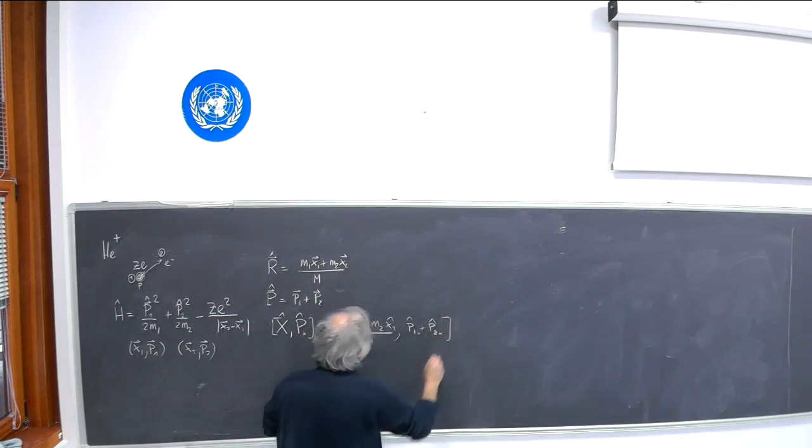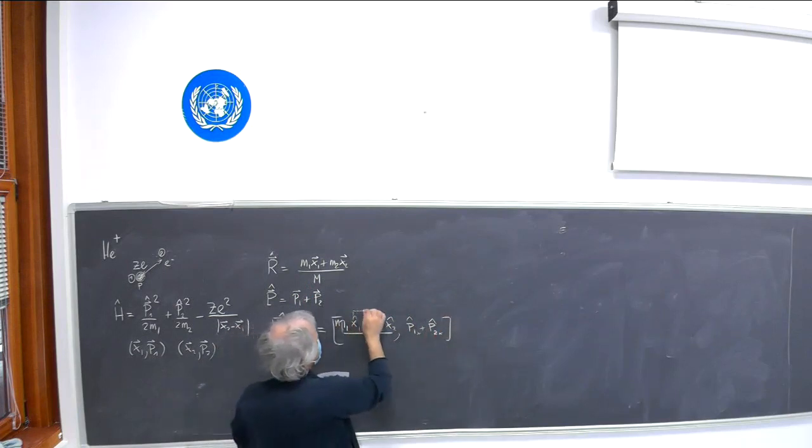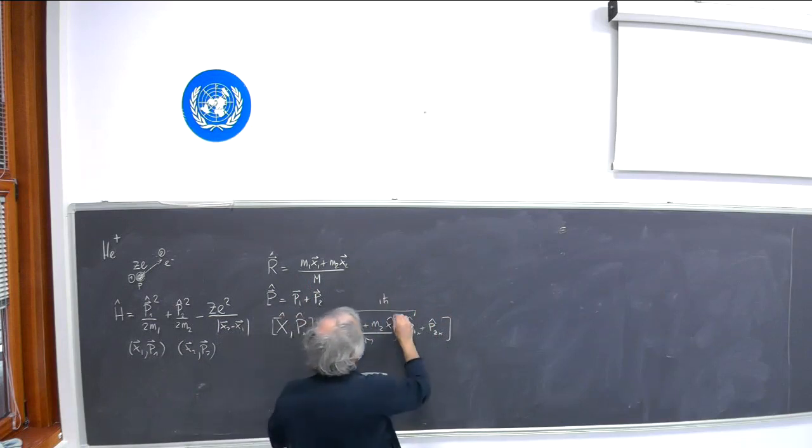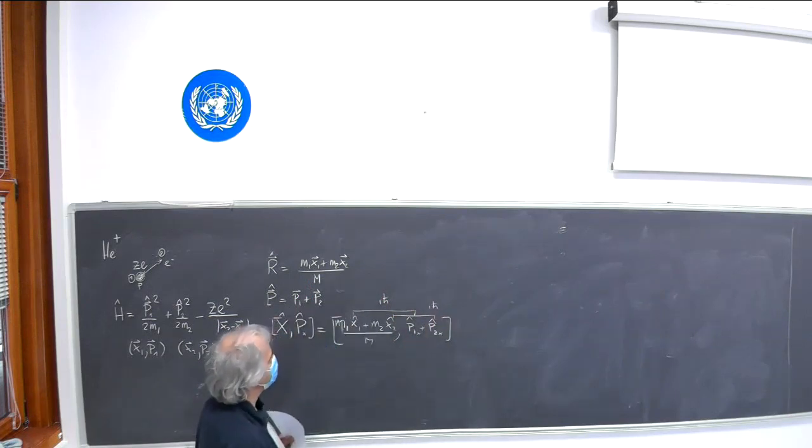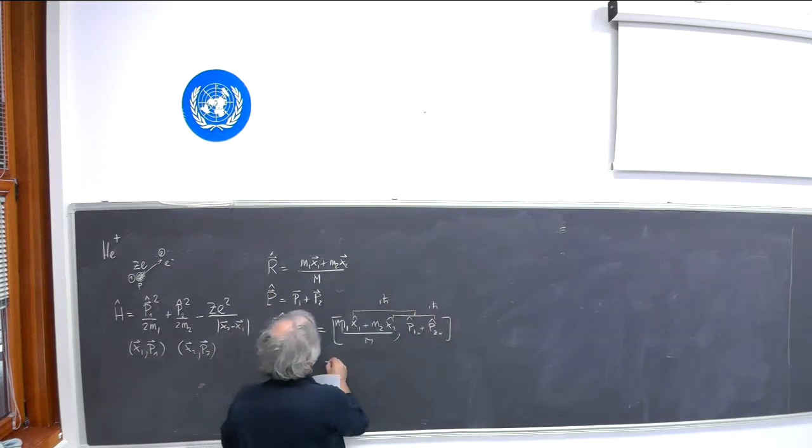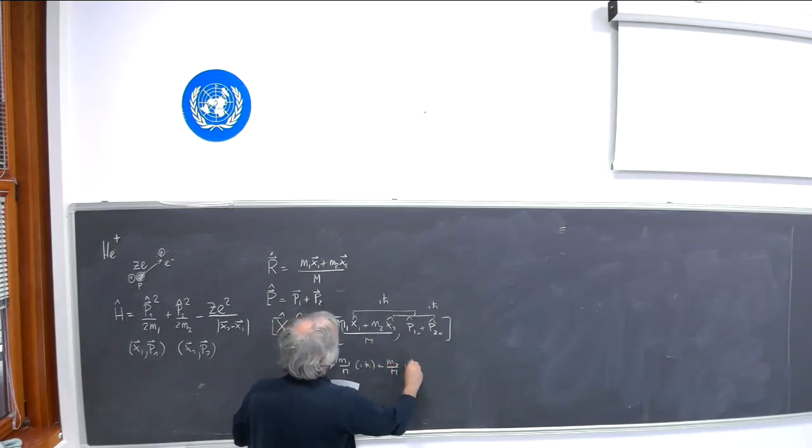Then I have this commutator with this is i h bar. This commutator with this is i h bar. So what I have is M1 over M times i h bar plus M2 over M times i h bar.